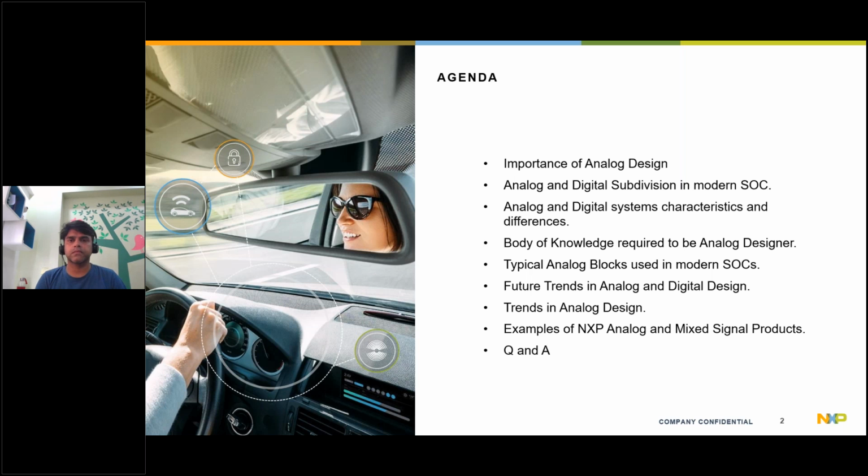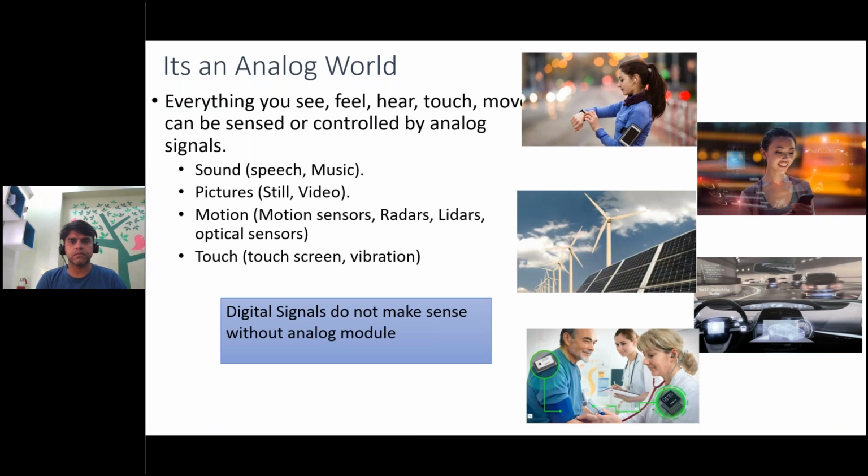Okay. So the first question is, if you look at the media, everybody talks about digital, from digital devices to digital marketing. And there is a view that analog is something old, something outdated.